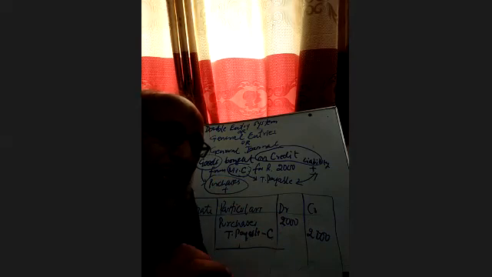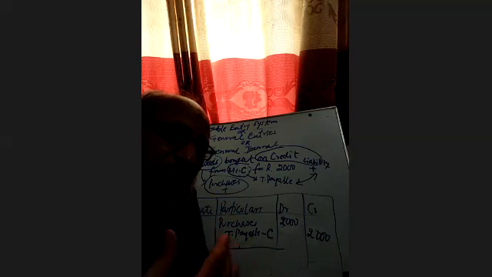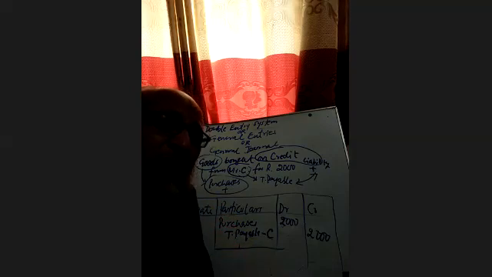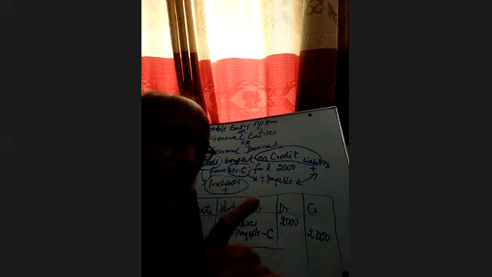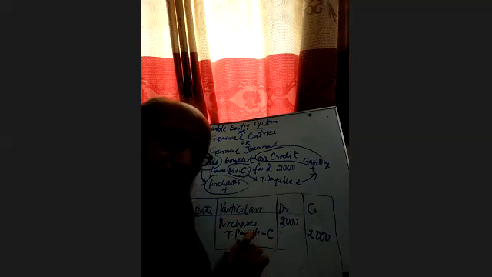We must write the name. Otherwise, we cannot figure out the price of the goods, how much we have paid, or how much we have to pay in future. We cannot figure that out if we don't write the name against trade payable. The name is very, very important. You have to remember this.